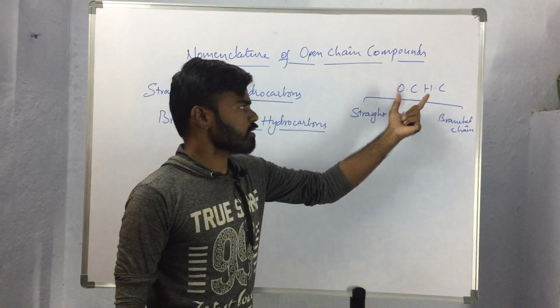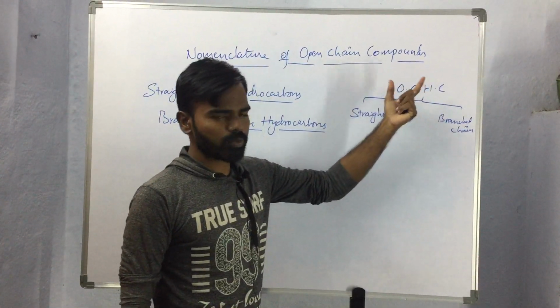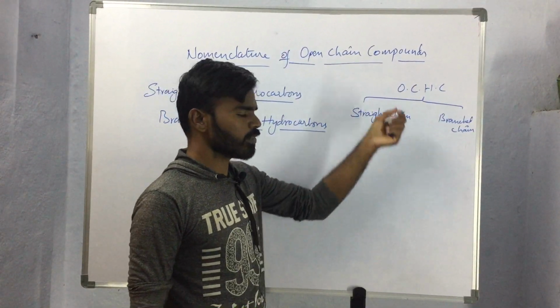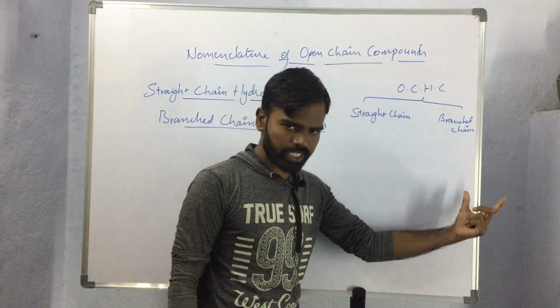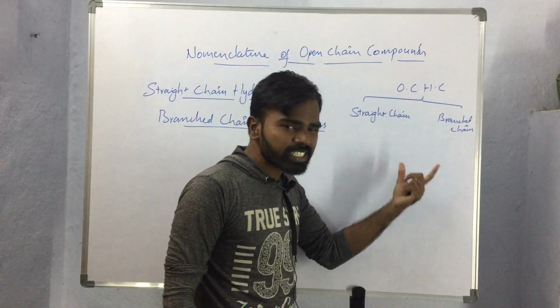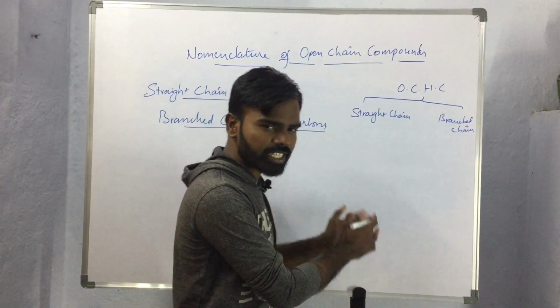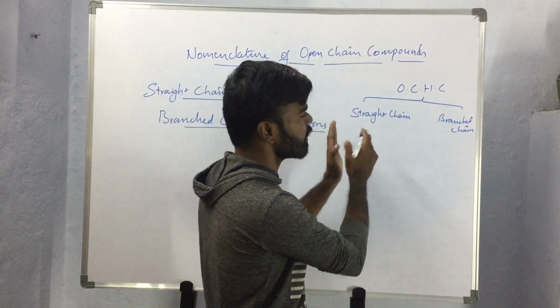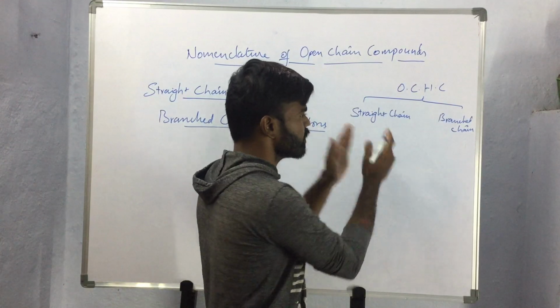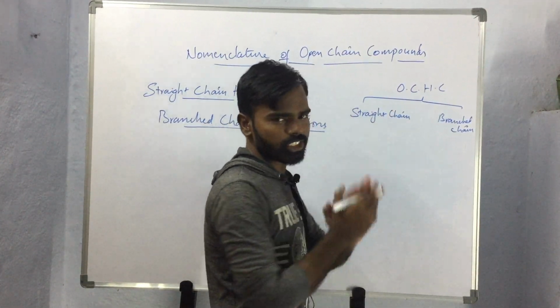Initially, based upon their saturation, they are classified into saturated and unsaturated compounds, and each class is further classified into two categories: straight chain compounds and branched chain compounds.